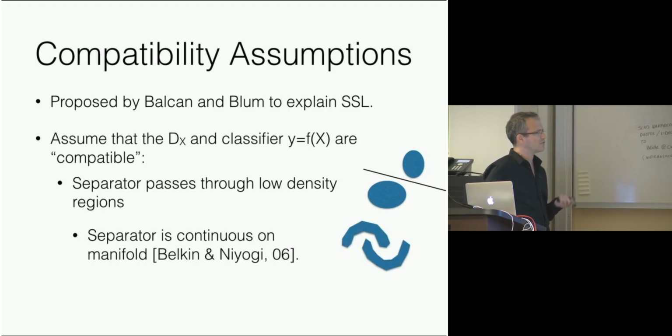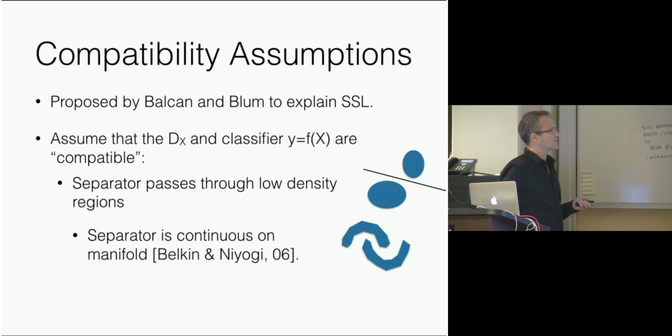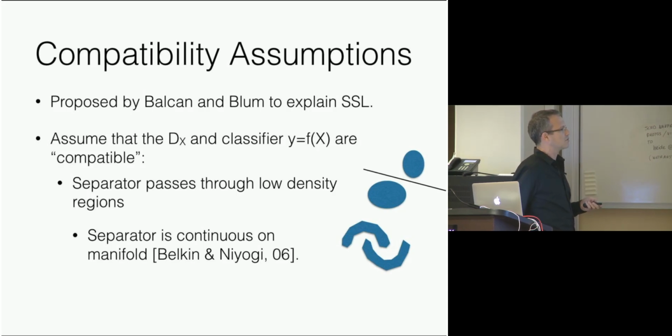Another example, more relevant for us, is if you know that the separator, the function f of x, is continuous on the manifold, namely that close points have similar f of x values.